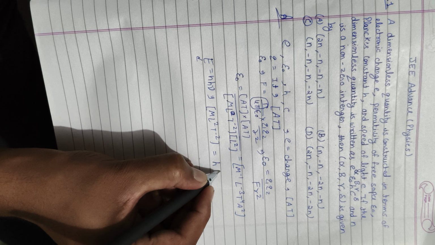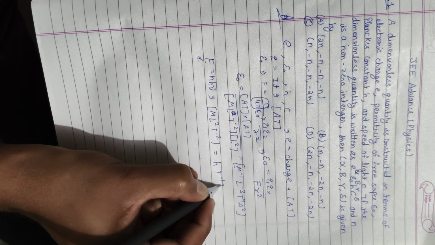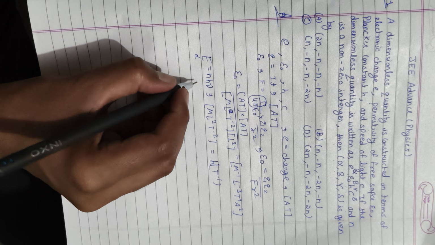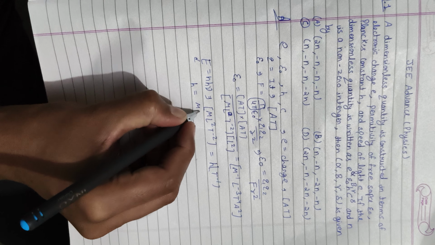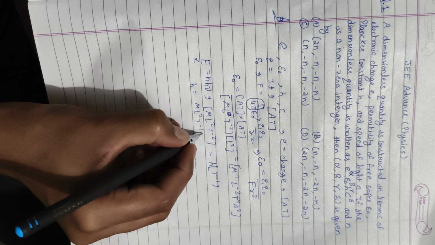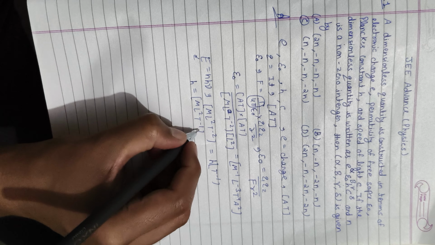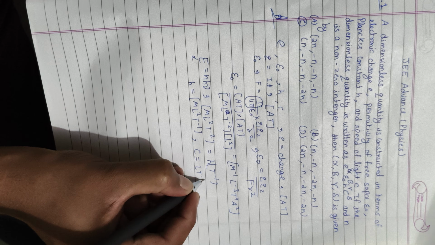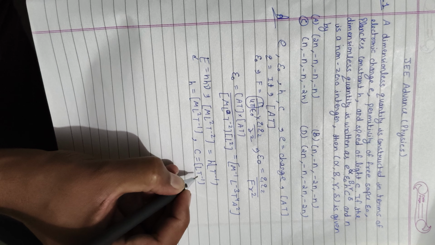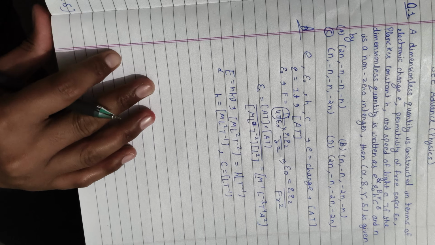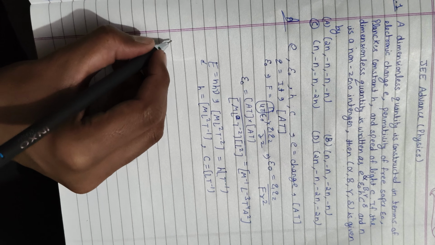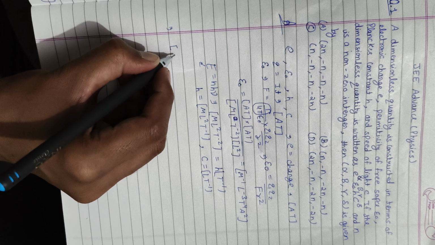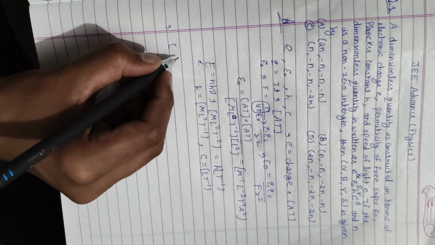Frequency has T minus 1 dimension, and then we can find h is equal to M L2 T minus 1. Then we also have c is equal to L T inverse, because it is the velocity of light, and velocity of light has L T inverse dimension.